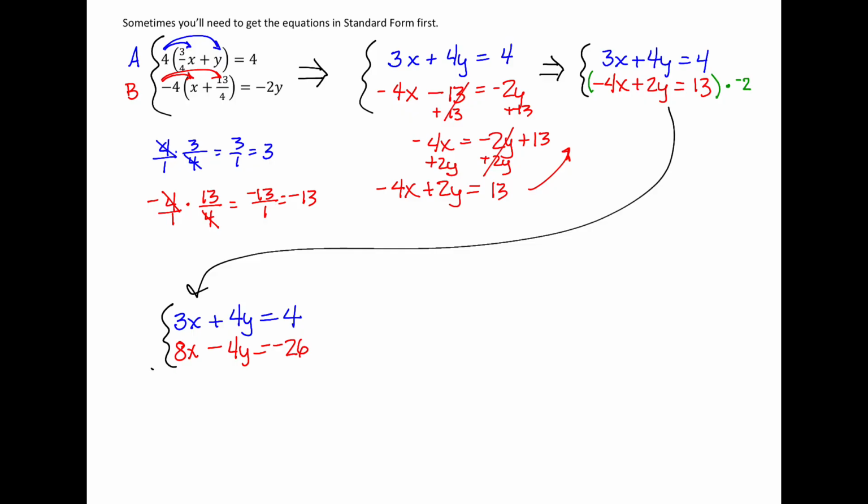And now add. The 4y's cancel. I get 11x equals negative 22. And that works out really nicely. Okay, halfway there. Actually, we're way more than halfway there because I had to do all of this already.